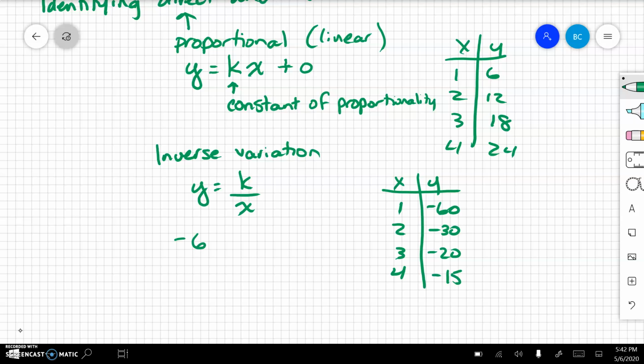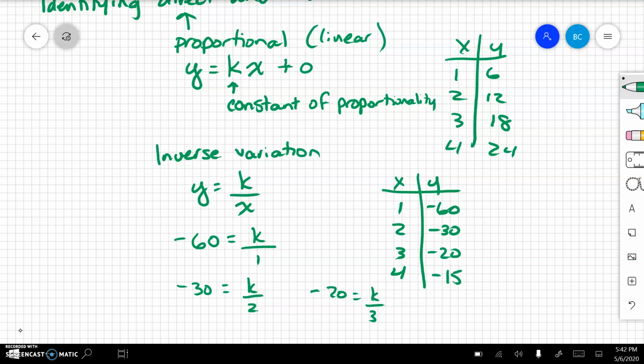So for example, negative 60 equals k over 1, negative 30 equals k over 2, negative 20 equals k over 3. So on each of these, if you solved for k, in this case k would equal negative 60, in this case k would be equal to negative 60, in this case k is equal to negative 60, and multiplying both sides by 3.